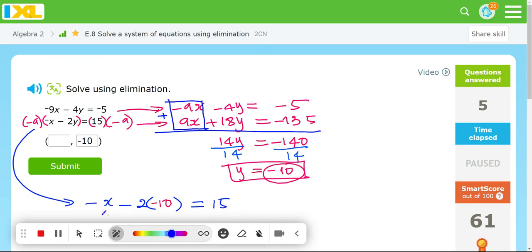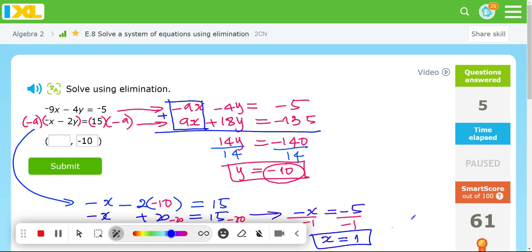Okay, so I come out negative x plus 20 equals 15. Okay, so I have to subtract 20 on both sides. All right, so I come out subtract x equals negative 5. So then I divide negative 1 on both sides. I come out x equals number 1. All right, so I put number 1 in the box, but I do not submit it yet. I need to test it first.